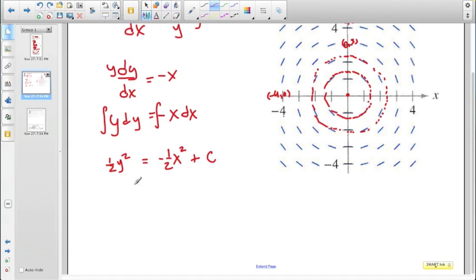general solution. Now I'm going to rearrange this. I'm going to take this to the other side. So if I take that expression 1/2 x squared to the other side, I'm going to add its opposite. And so I have 1/2 x squared plus 1/2 y squared equals the constant of integration. And so if we look at this, we can start to see the form of a circle here, right? We've got an x squared plus a y squared.